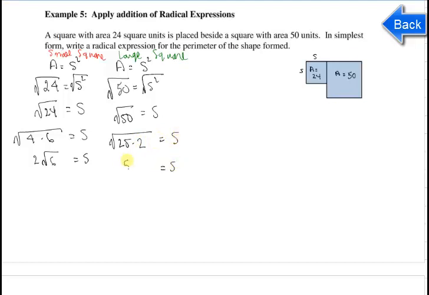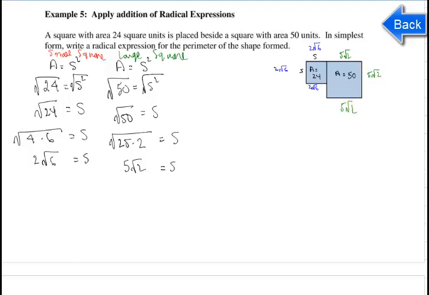And so s is equal to 5 root 2. Okay, so that means that each side of the small square is 2 root 6, and each side of the large square is 5 root 2.